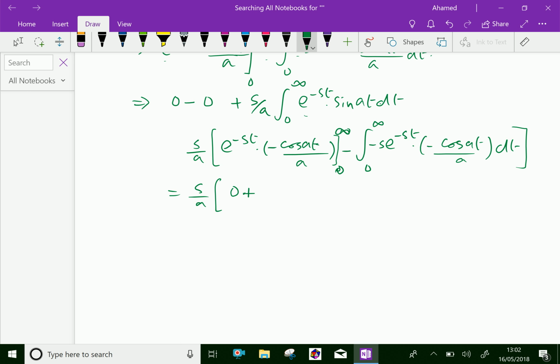If you substitute 0, e power 0 is 1 and cos 0 is also 1, so it becomes 1 over a.